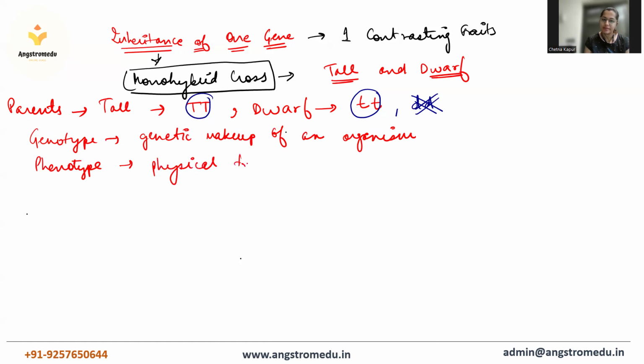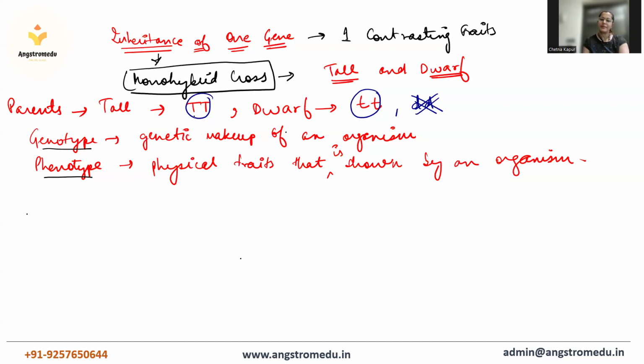Physical traits that are shown by an individual, by an organism, are called a phenotype. So I hope that this is clear. What is a genotype? What is a phenotype?